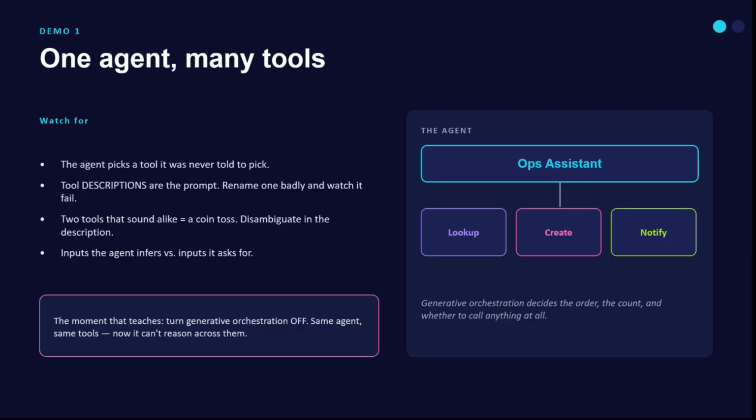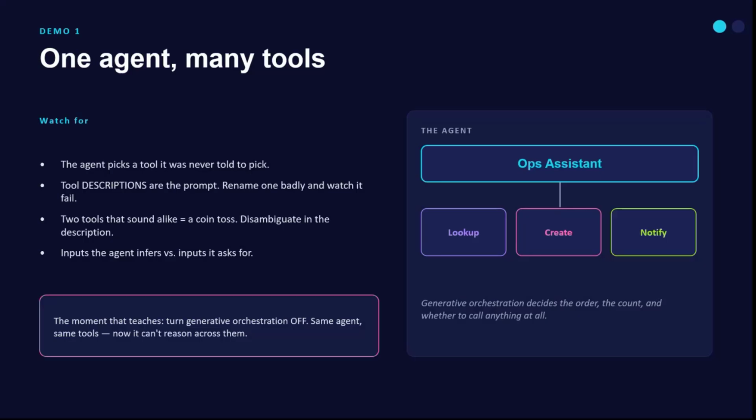Also important is the inputs the agent infers versus what it asks for. This is something very important to understand when we're adding tools, but we'll go into the details of that. In the end, we want to be very clear. As an example, for an agent you might have an ops assistant.